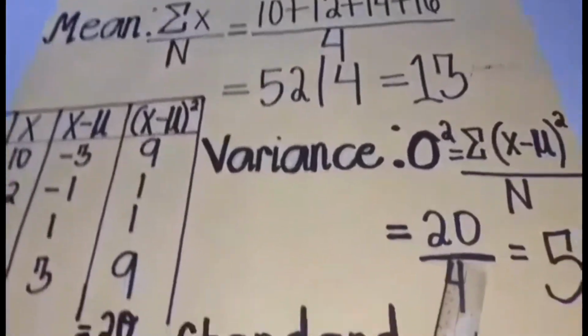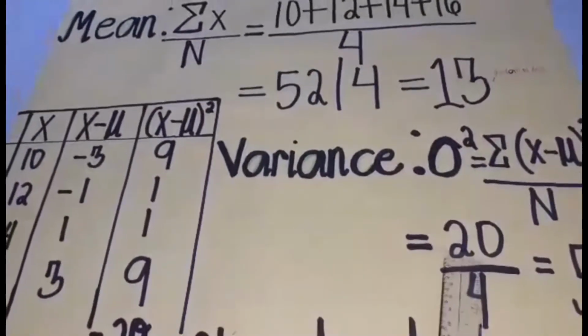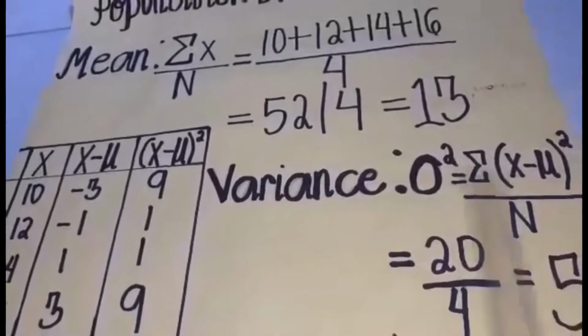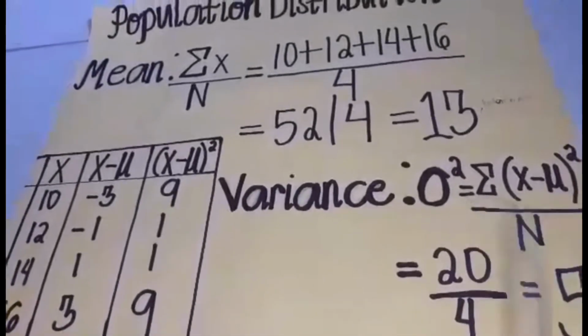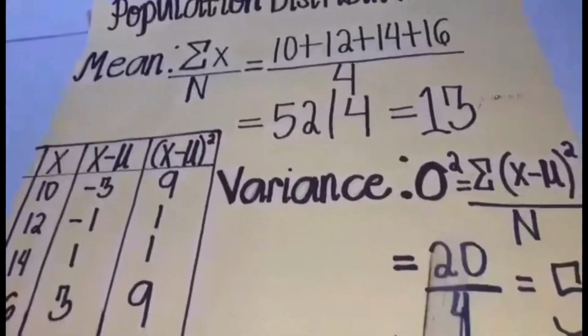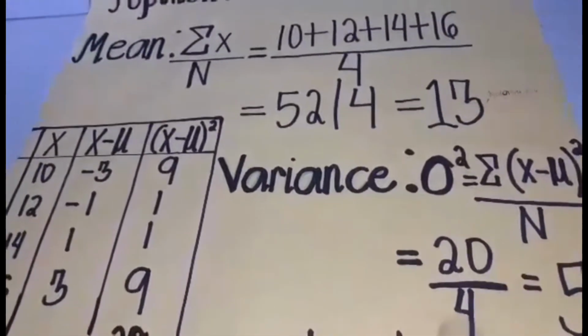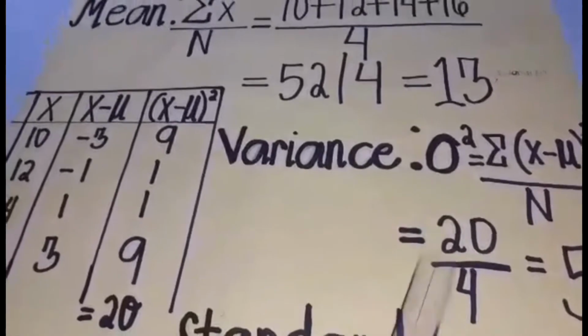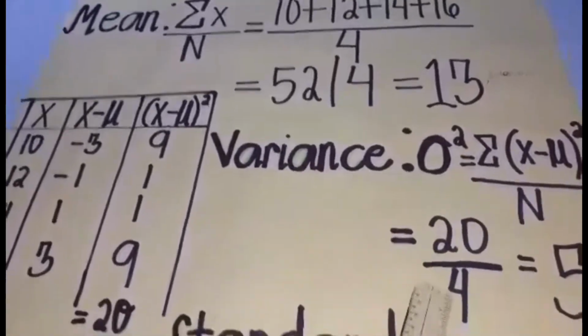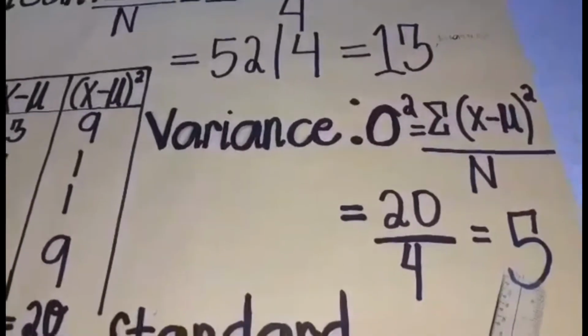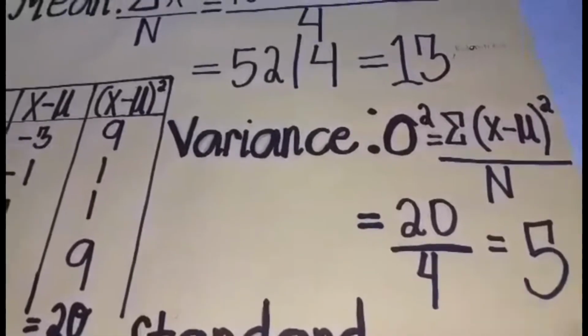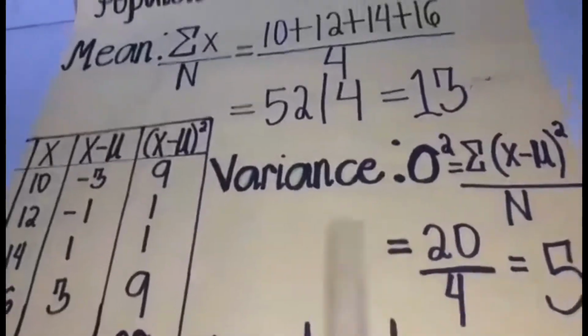Again, itong nasa numerator nitong formula na to, 20, all over ang ating population size, which is 4, and we're going to divide it, and 20 divided by 4 is equal to 5. So this is now our variance in this population distribution.